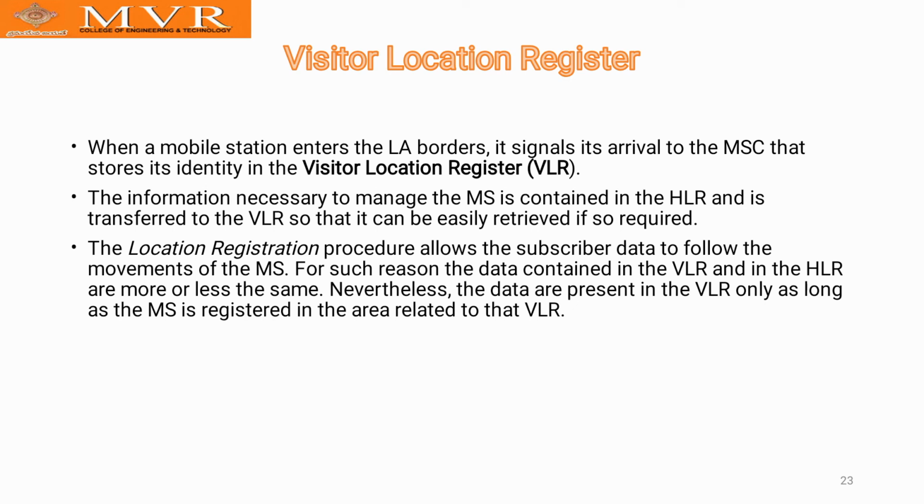The location registration procedure allows the subscriber data to follow the movements of the mobile station. For this reason, the data contained in the visitor location register and in the home location register are more or less the same.